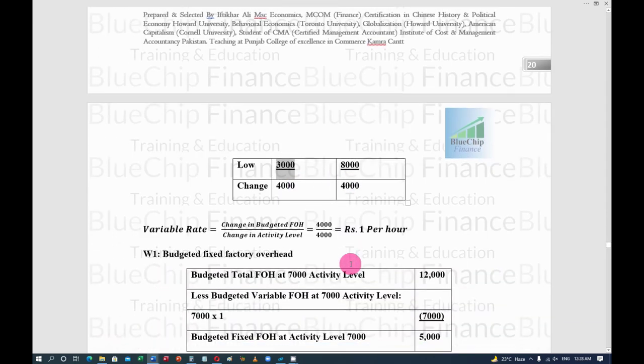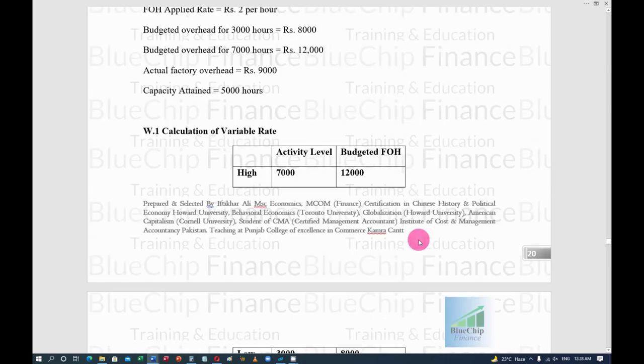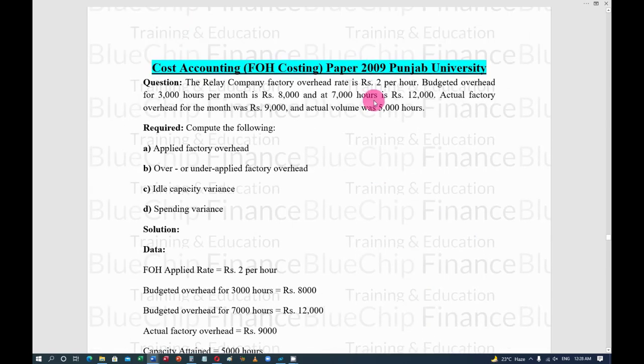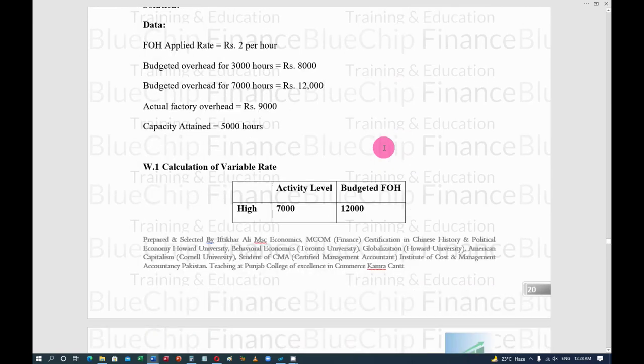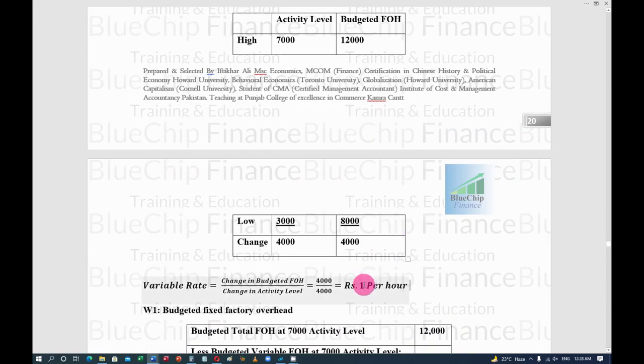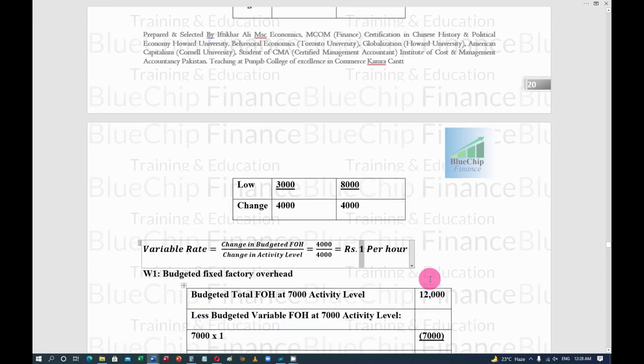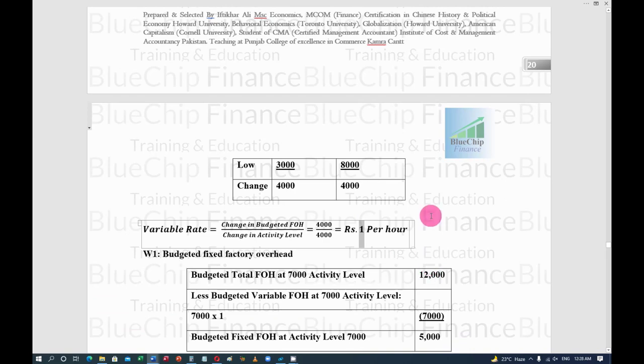Divide these two: 4,000 divided by 4,000 equals rupees 1. So rupees 1 is your variable rate, and the total FOH absorption rate is 2. So your fixed rate is 1 also, because the variable rate is 1. Total FOH rate is 2.